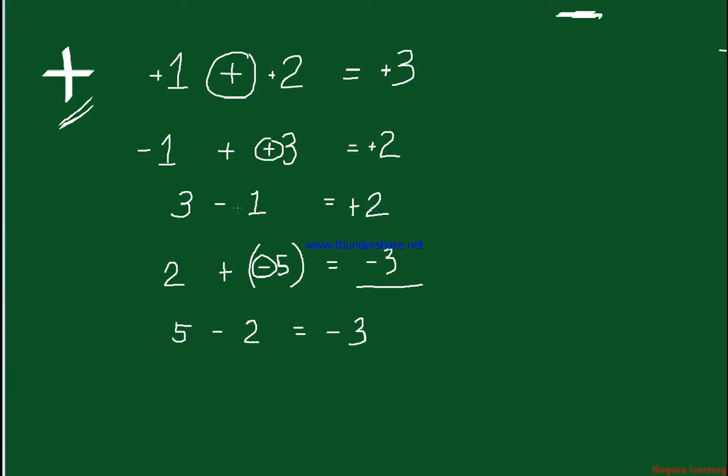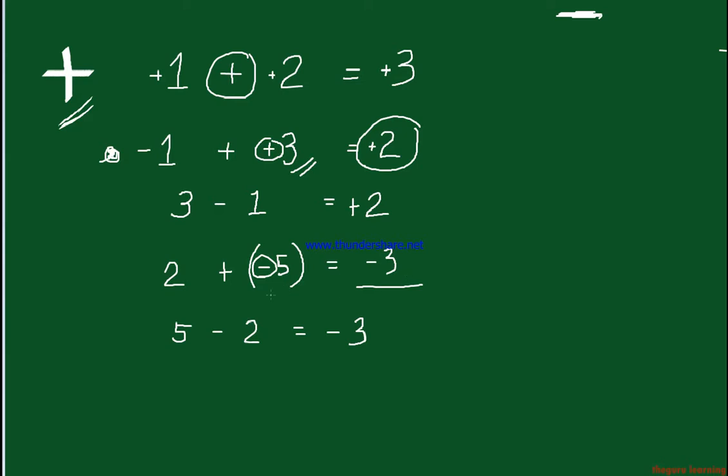In logic, if you are indebted with $1 and you pay $3, you will cancel your debt, but you will only have to pay for $2. The value of this thing over here will be reduced. That's 3 minus 1. 2 plus negative 5 equals negative 3.